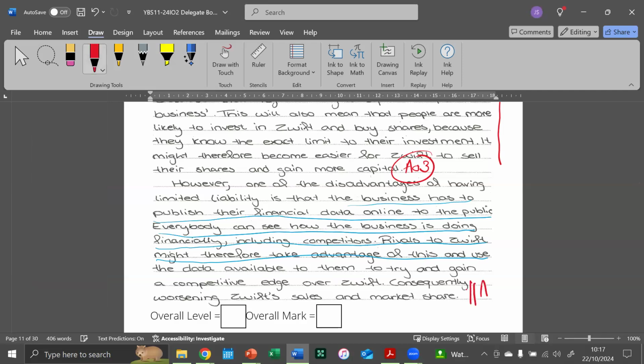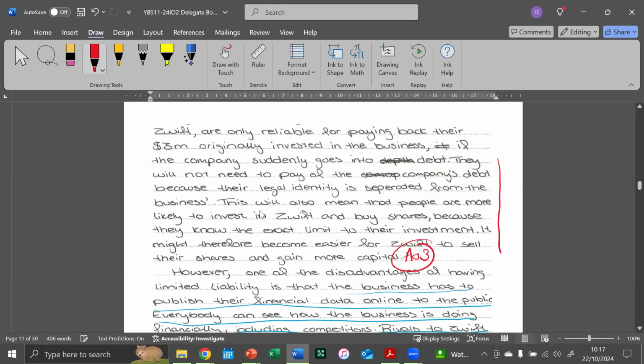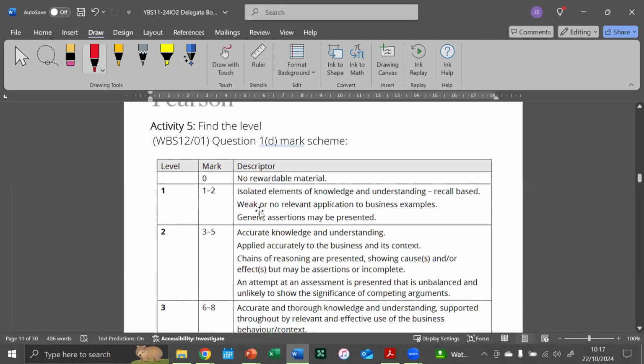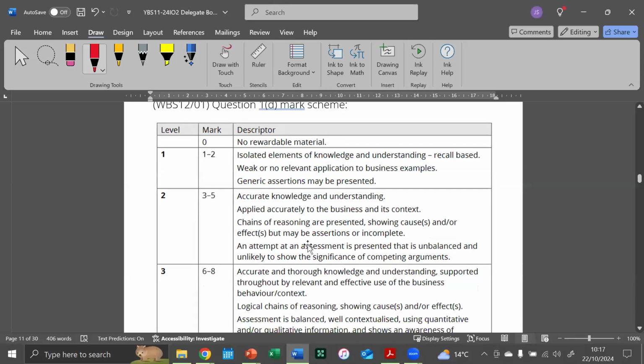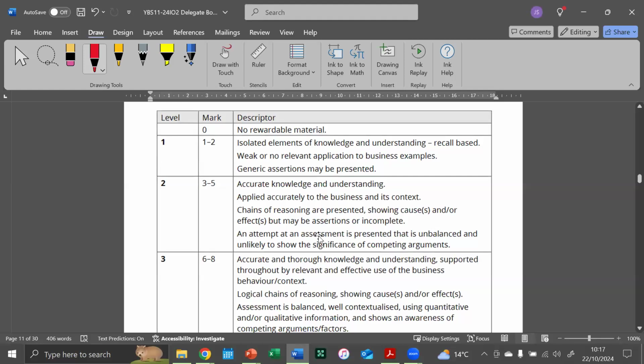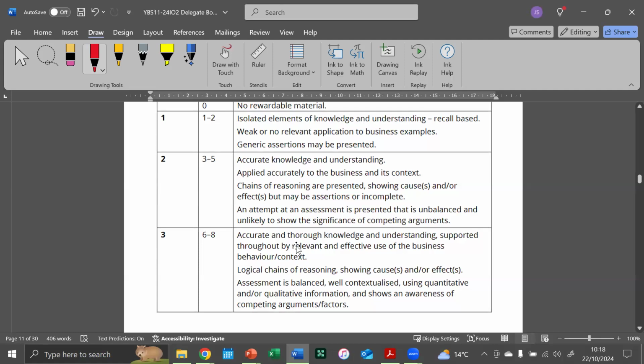So I'm making a judgment and I'm saying, well, let's just go back to the mark scheme. When I go back to the mark scheme, I'm saying, is it level 1? Absolutely not. It's better than that. Is it level 2? Yeah. I've got more than an attempt at assessment. So I look at level 3.